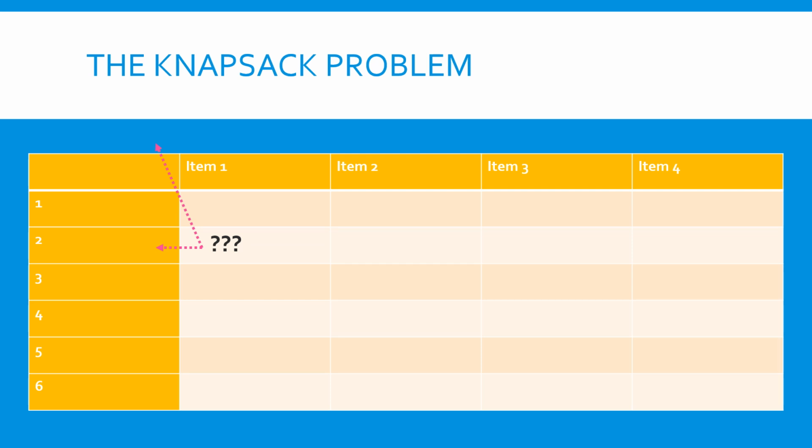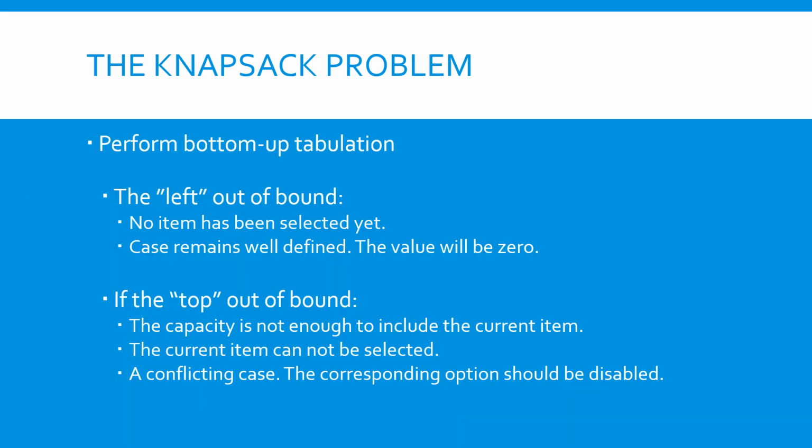With the dependencies established, our next step is to handle the boundary cases. For instance, as the figure shows, we need to decide how to handle the situations where the dependent subproblems are undefined. First, let's understand what it means to have a left out-of-bound condition. The columns in our matrix represent the candidate items.